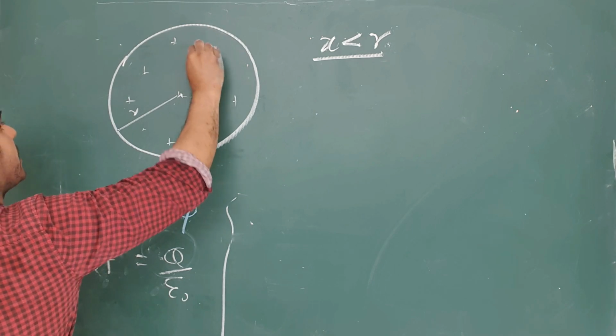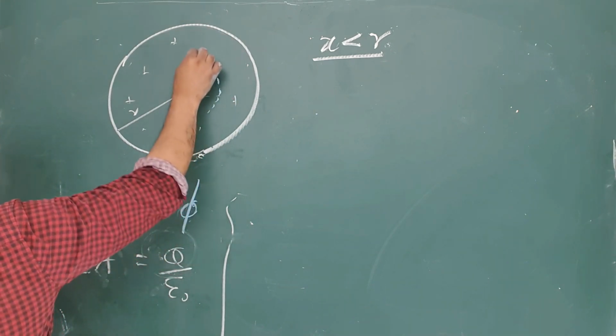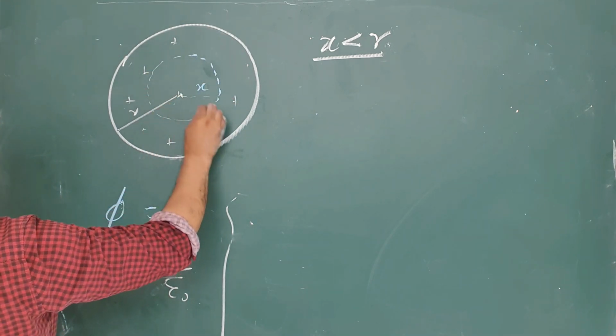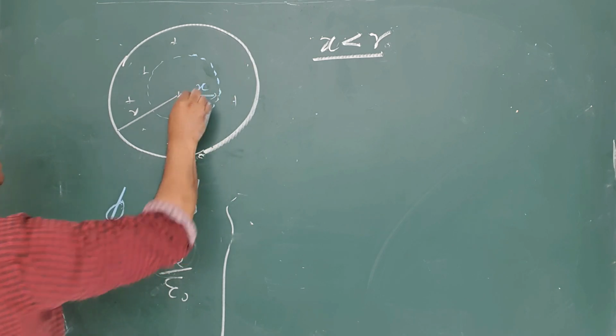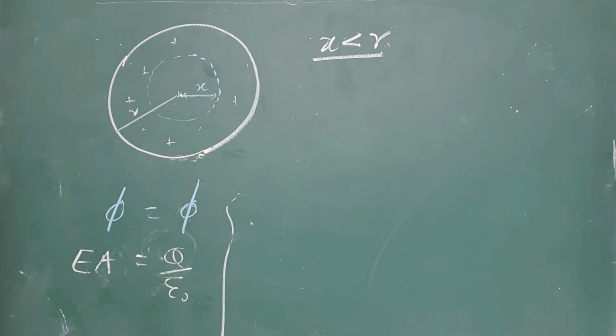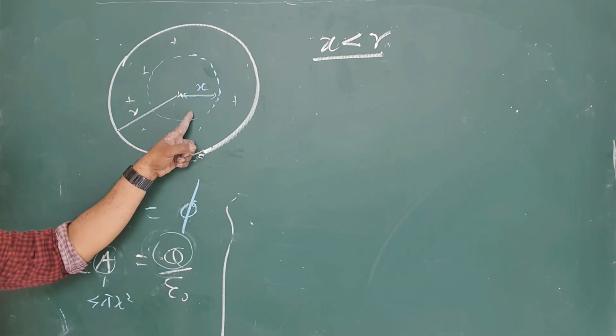Now you have to draw the Gauss surface like this. Again it represents a sphere, but its radius is x. Now A equals 4 pi x square, that is okay. But anyway you have to find the Q, which means the total charge inside the Gauss surface.